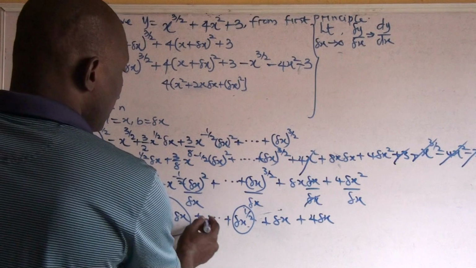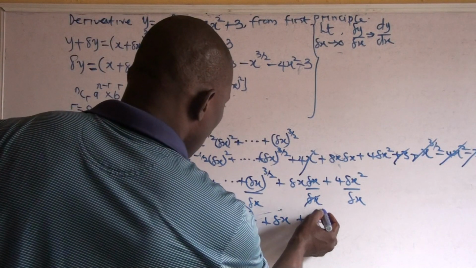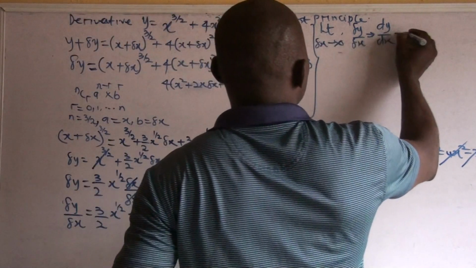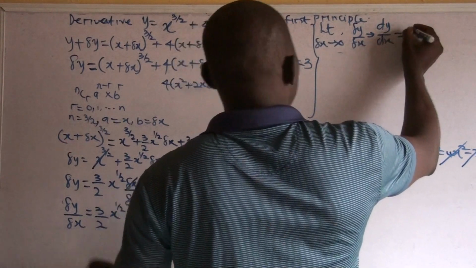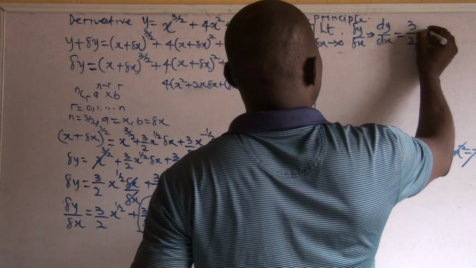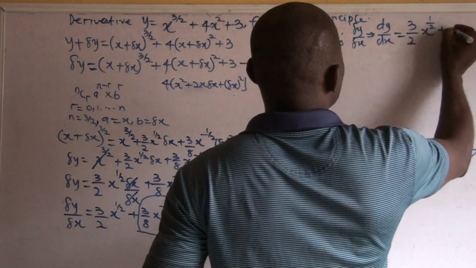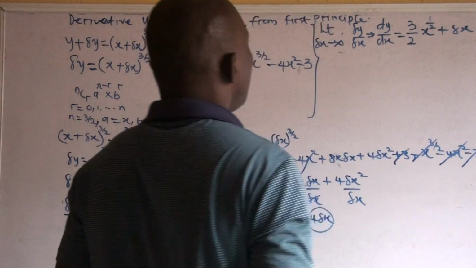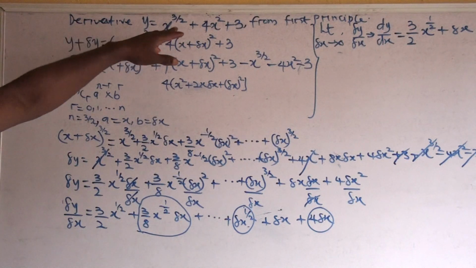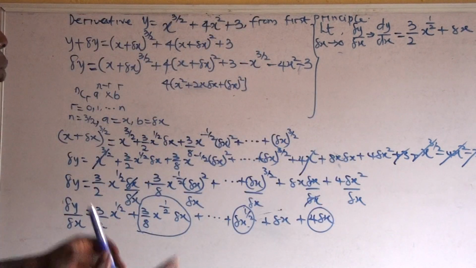All the expression here that continues to this place will be off, and this expression will be off as well, and we will be left with 3 over 2 x raised to power half plus 8x. So if we differentiate this, our expression will become this from first principle.